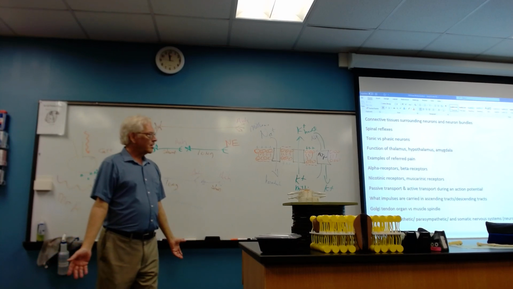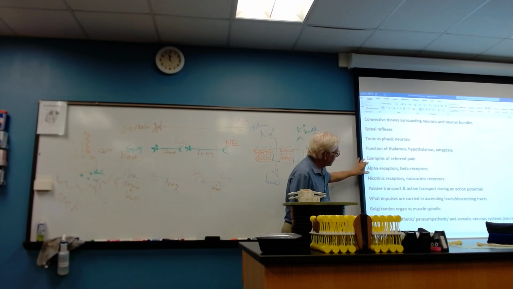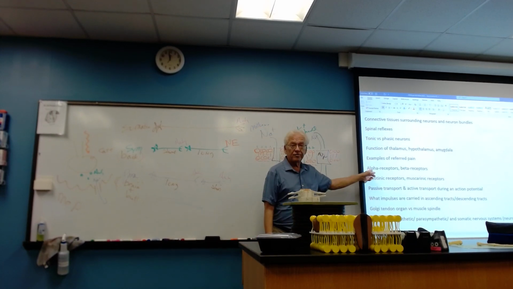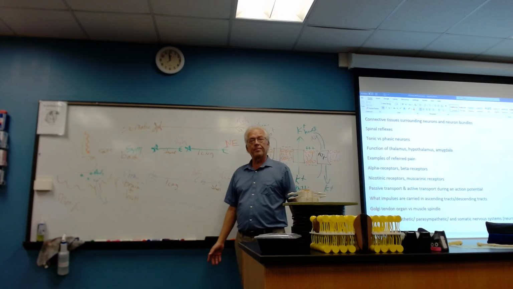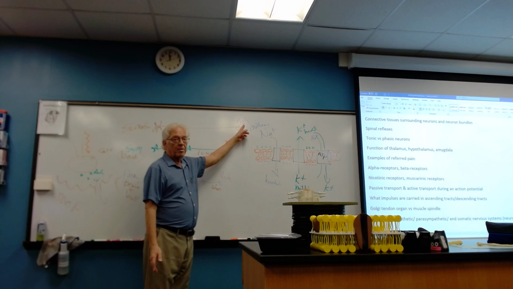Muscle. Is it these or these? It's acetylcholine. Is it these or these? The bottom one's nicotinic. Acetylcholine is not alphas and betas, that's epi and norepi. So, what kind of receptor is your muscle going to have?